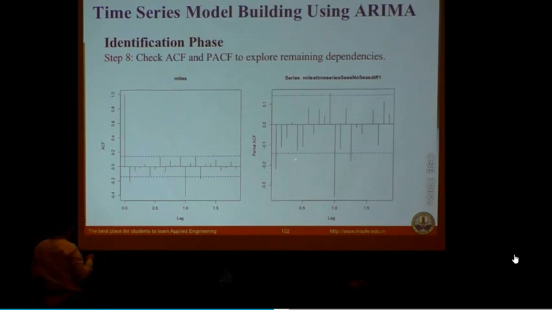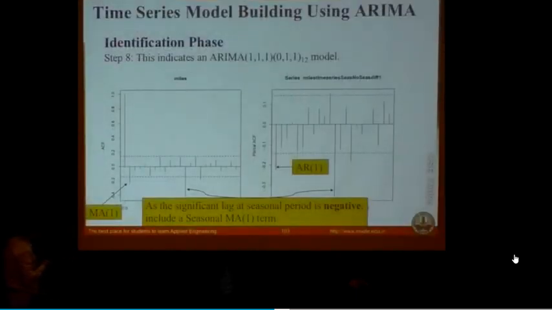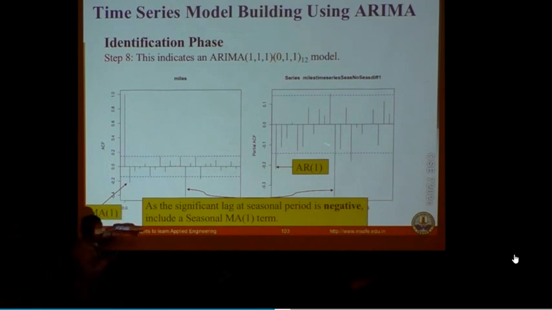So I have to now add three terms here. I had ARIMA 0,1,0, and an AR 1 term here, a moving average 1 term here, and because this is negative, I add a seasonal moving average.